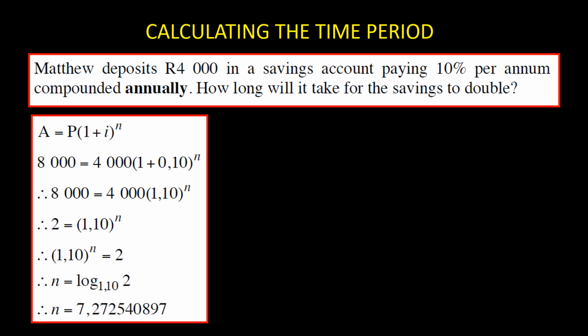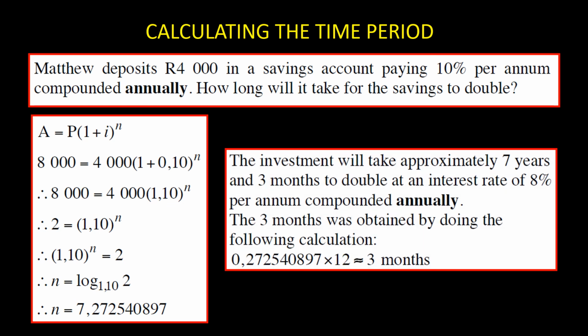We get 7,272540897. But we have to write in years and months. So what we do, we multiply the decimal value by 12 and change it into months. So we get 7 years and 3 months.